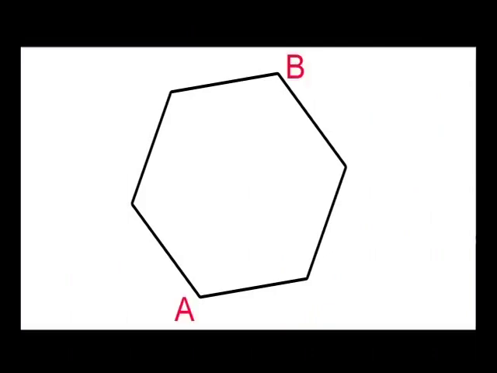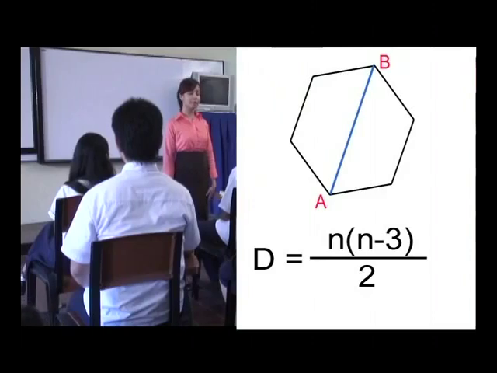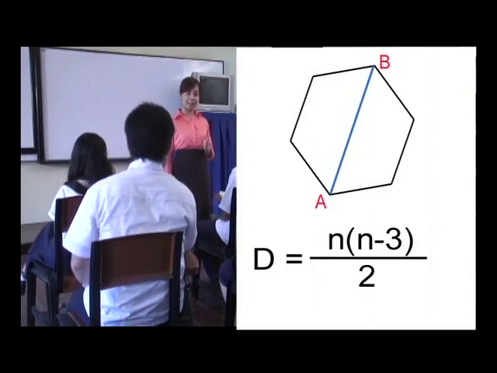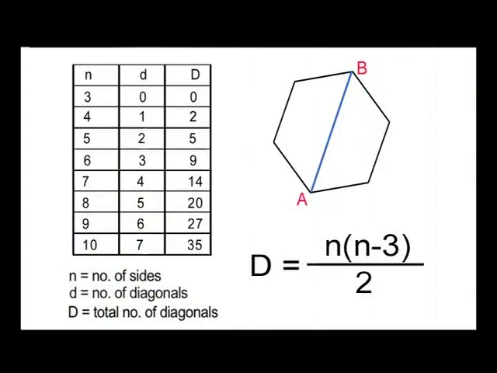Suppose we name 2 non-adjacent vertices as A and B. Then, there's a diagonal joining these 2. In the formula suggested by Joseph, we count n minus 3 diagonals at A and another n minus 3 diagonals at B. Can you tell what is wrong with this? I think I know. We counted the diagonal joining A and B twice.